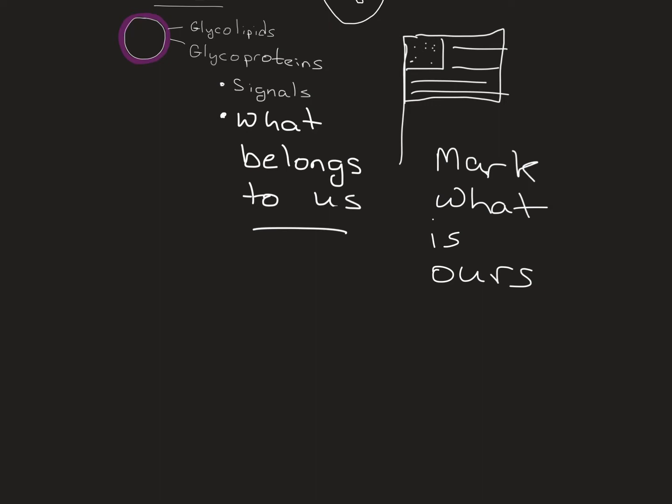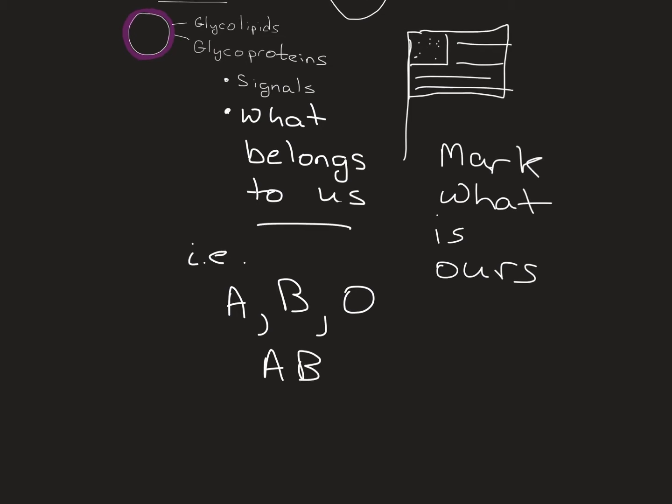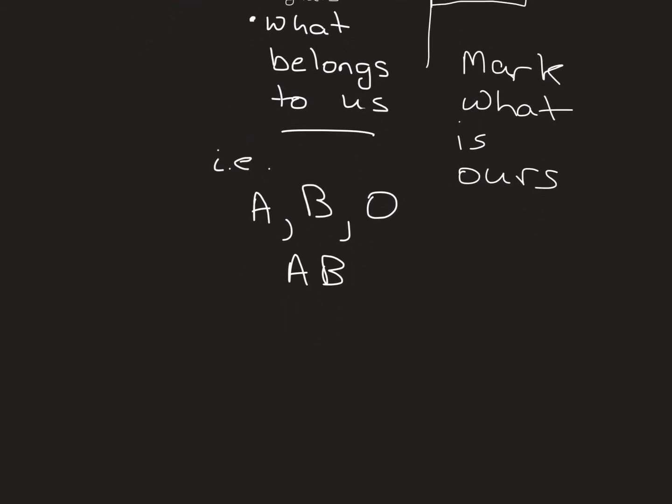For example, of what belongs to us. A, B, O, AB. You've heard of these, yes? And then there's plus or minus. It's Rh plus or Rh minus.